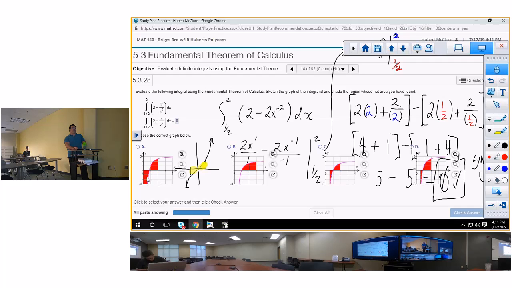So from 1/2 to 2, there's 1/2, 1, 2, here it is. It's this one right here. It's not symmetrical, but it can pertain to symmetrical. Most of the time it's symmetrical. Some of the time it's the skinny one versus a shorter one, or a longer one versus a shorter one, or whatever. So I would say C.